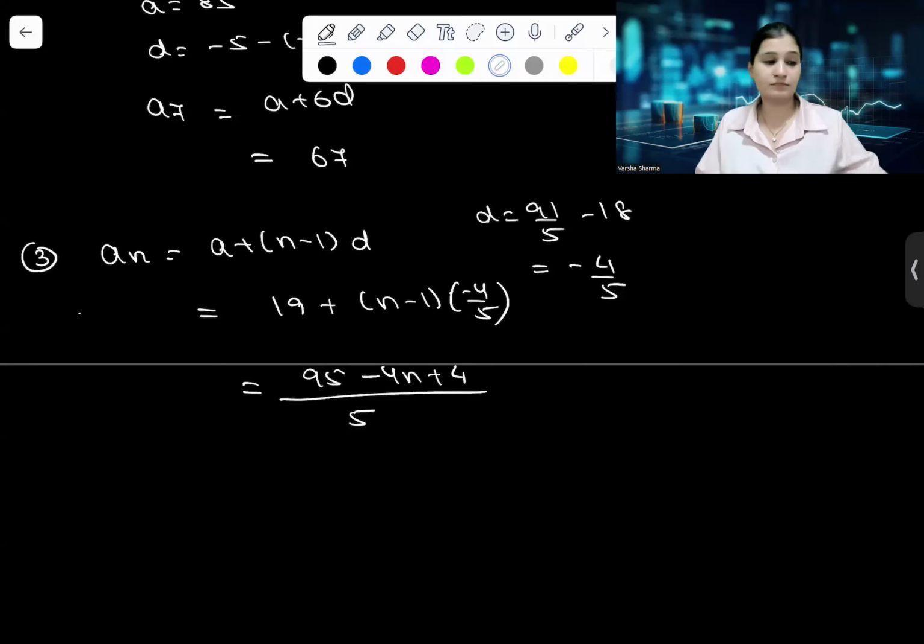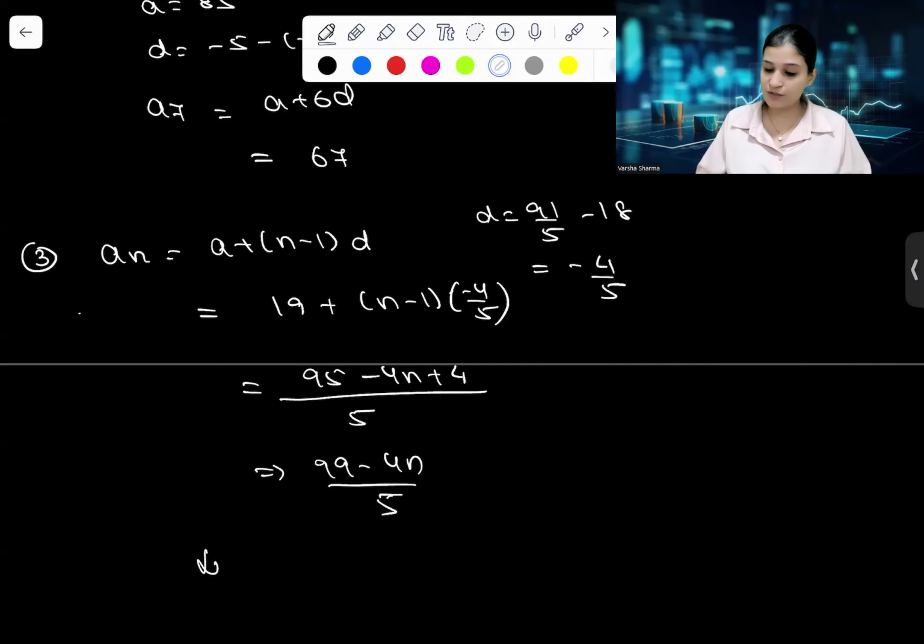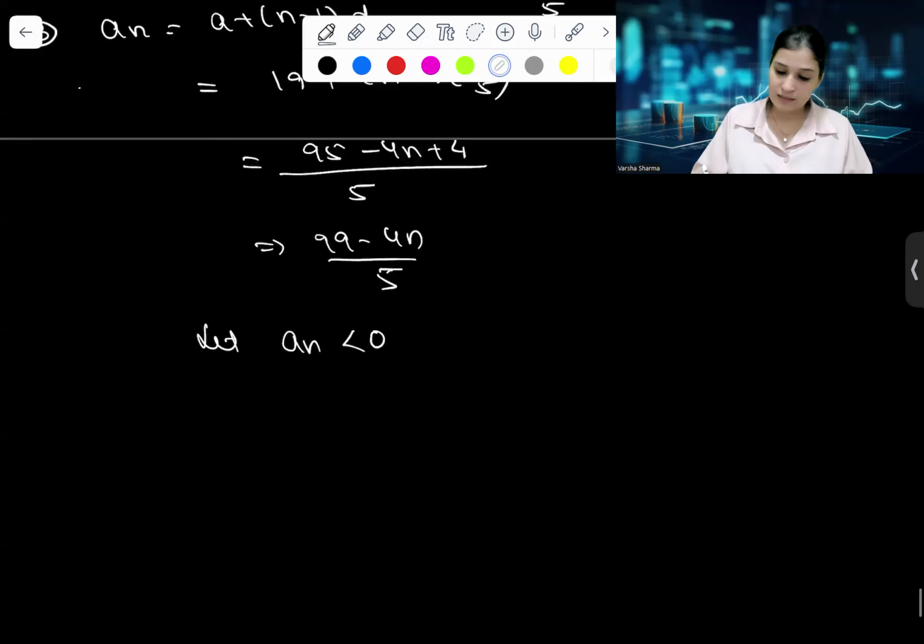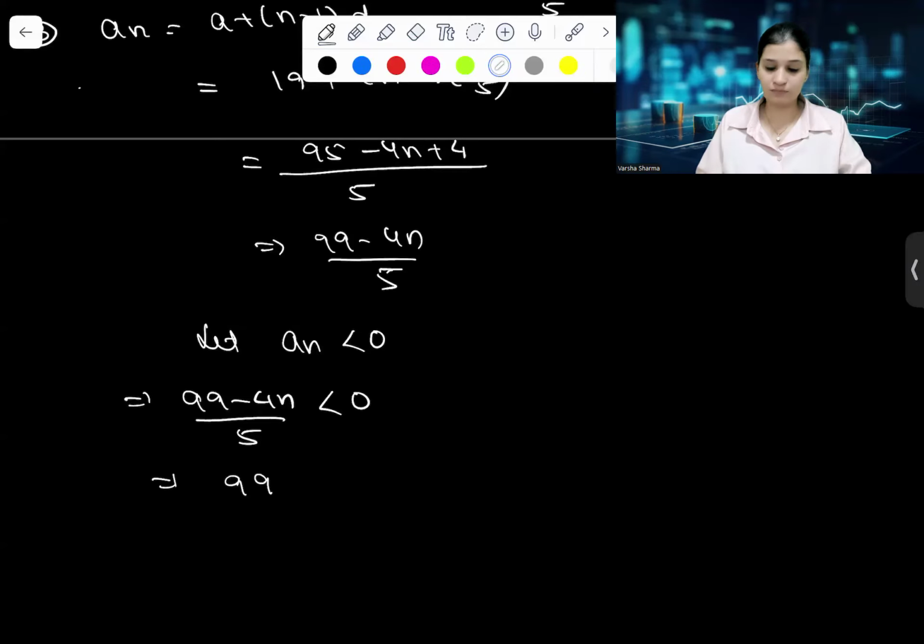95 minus 4n plus 4, that is 99 minus 4n by 5. Now we assume this to be smaller than 0. So 99 minus 4n by 5 is smaller than 0. 99 is smaller than 4n. So if I divide it by 5, 4, we get 24.75.